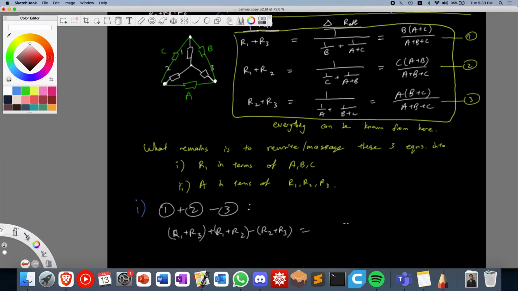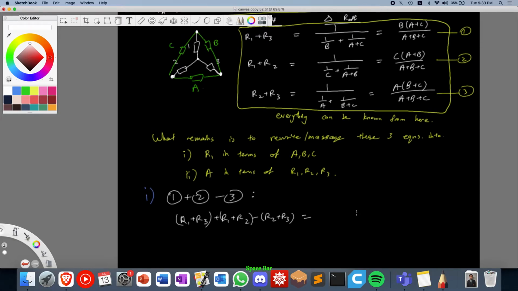On the right hand side the denominator is common, A plus B plus C, and the numerator, maybe I should write it in terms of the indices, is BA plus BC plus CA plus CB minus AB minus AC.